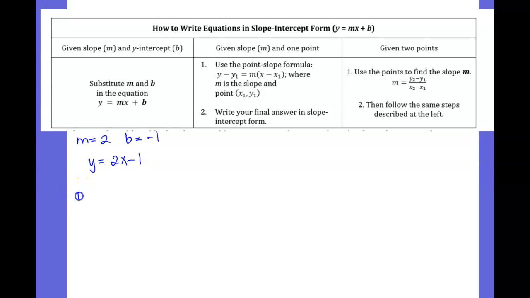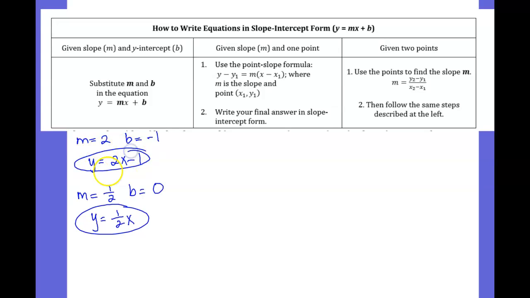If my slope was 1/2 and my y-intercept was 0, then my equation of the line would be y is equal to 1/2 x, and we're not going to bother to write plus 0. We'll give one more example. Say I have a slope of negative 3 and a y-intercept of 6. This would be y is equal to negative 3x, don't forget that, plus 6. So the slope would be negative 3.